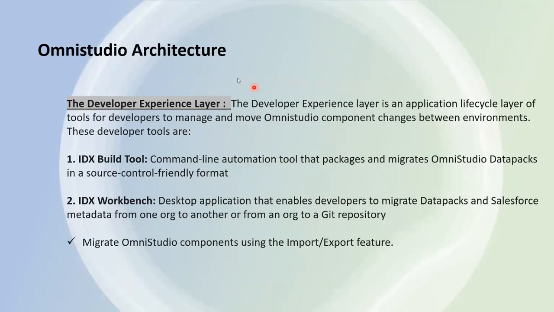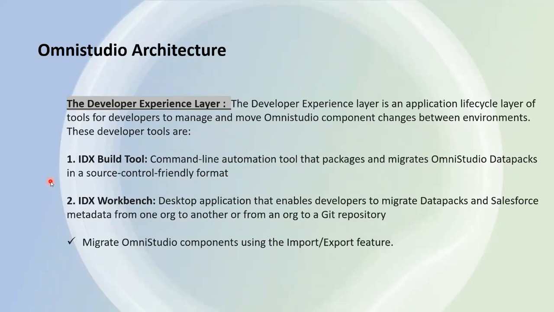So at that time, what is the architecture for, like, let's say there are already existing versions in the QA. If you deploy a new version, whether it replaces the current version or creates a new version, those kinds of things we will be seeing at the architecture level. And these are the tools provided by Salesforce: the IDX build tool, IDX Workbench. But they are not going into detail on the tools, because different organizations will use different tools for data migration.